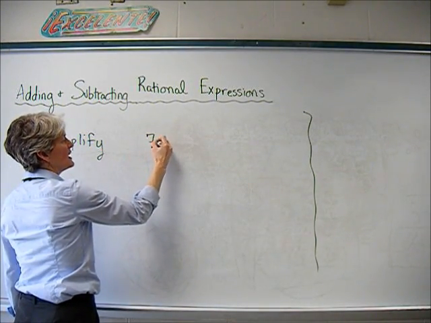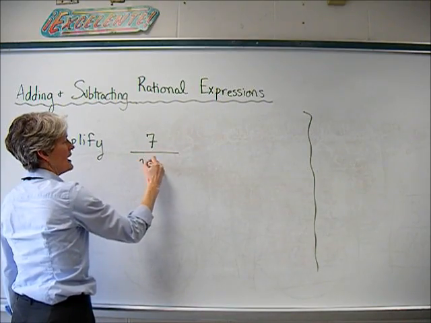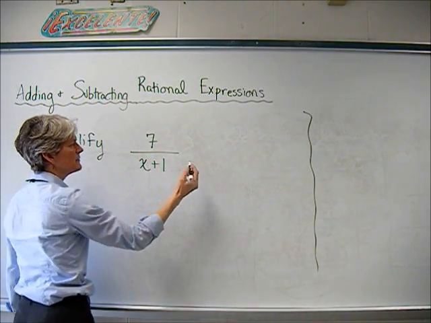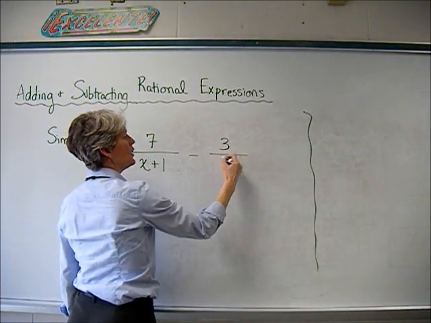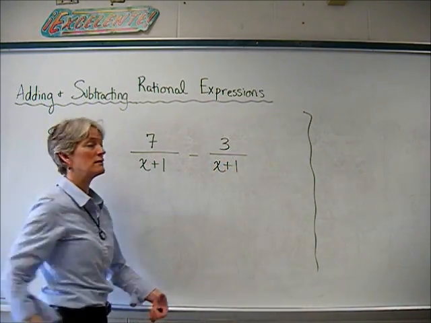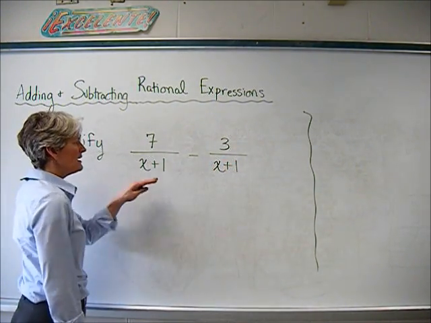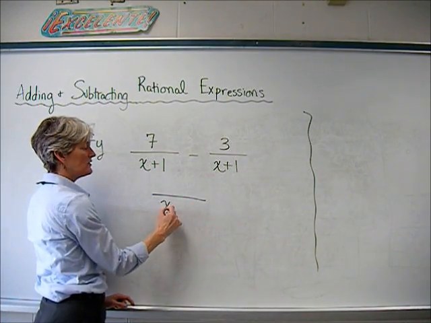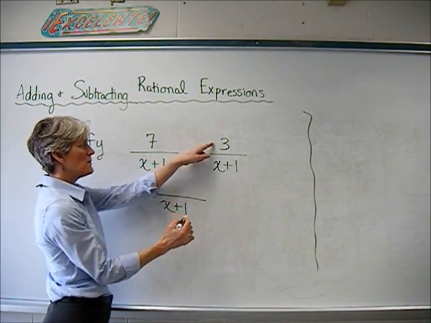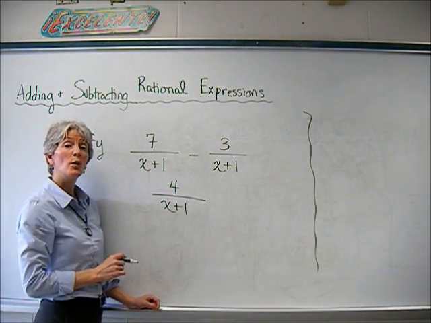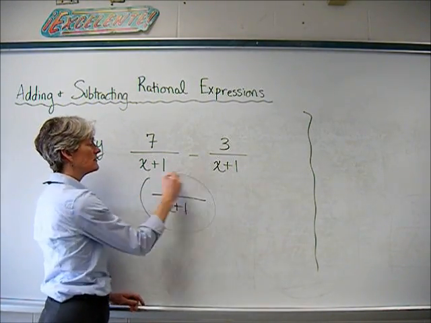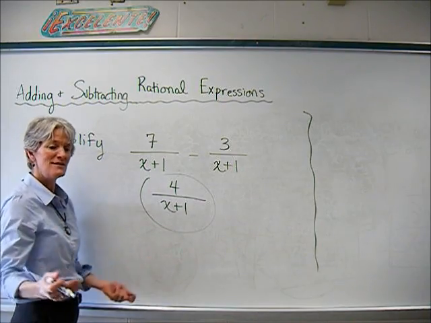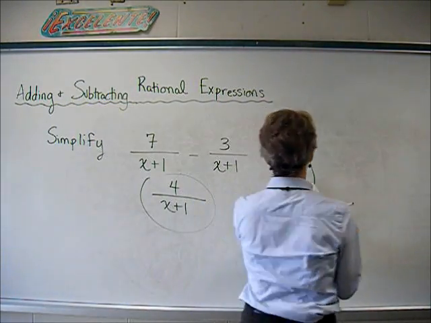Let's just say 7 over x plus 1 minus 3 over x plus 1. Well, that's not that bad. I have a common denominator, so all I need to do is to say, oh, that's 7 minus 3, which is 4. And you're done. That's it. Nice and easy, right?